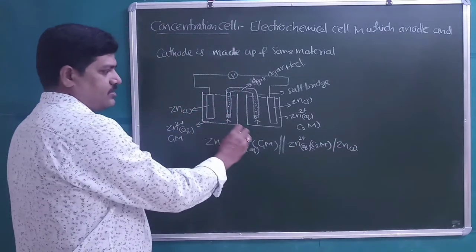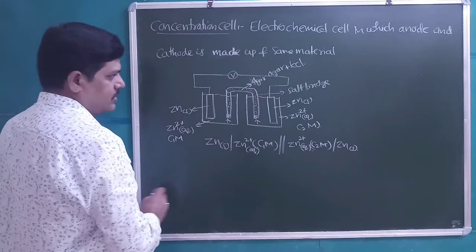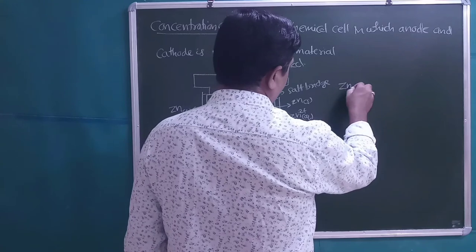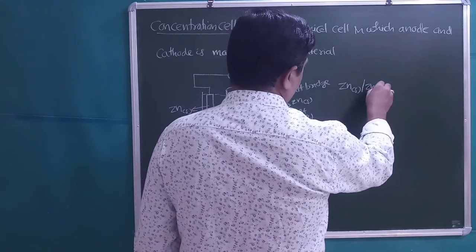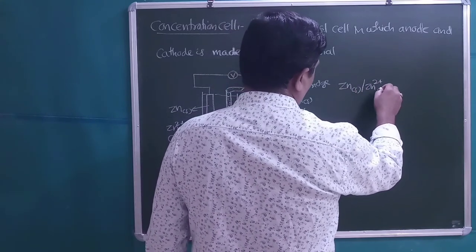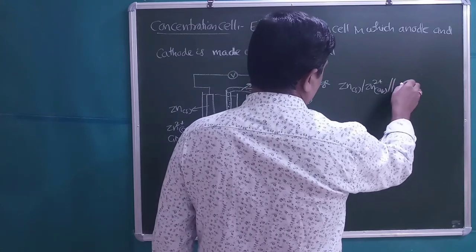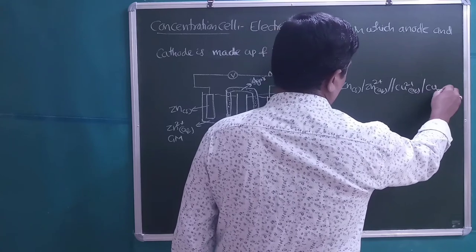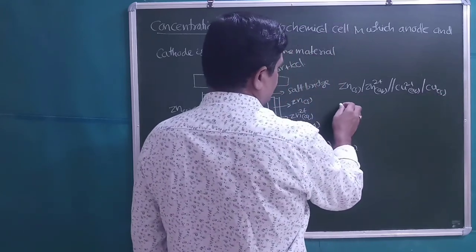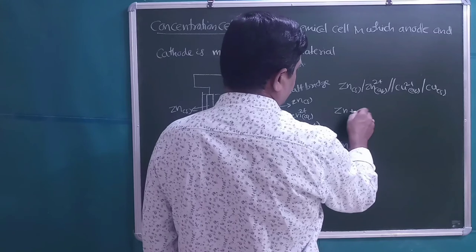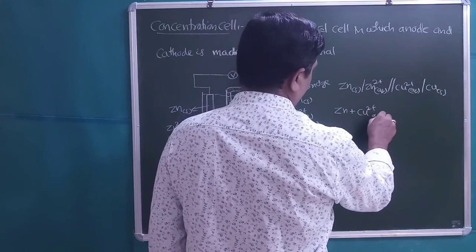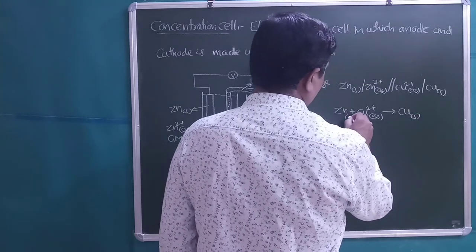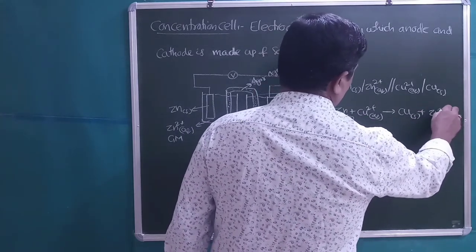Students, this we need to convert into the equation form. So better we compare it with the Daniell cell. Zn solid | Zn2+ aqueous || Cu2+ aqueous | Cu solid. In equation form, this we can write as Zn plus Cu2+ aqueous gives rise to Cu solid plus Zn2+ aqueous.